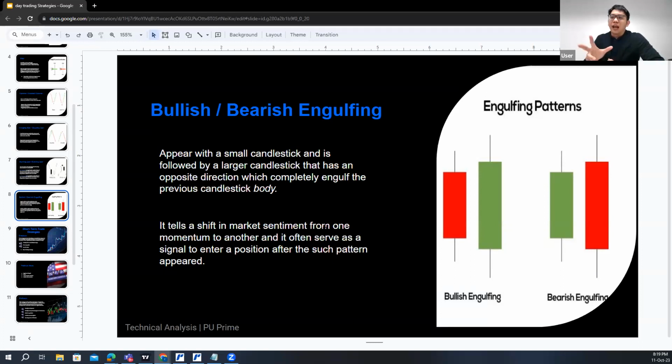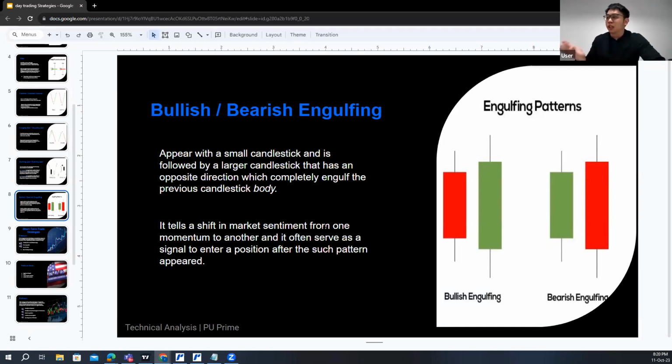Normally I will not use it as a trend reversal signal to enter a trade. It often serves me as an alarm, an alert that maybe I shall consider closing my position.